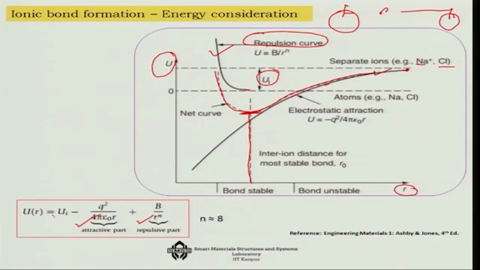For each and every combination of electropositive and electronegative atoms in an ionic bond, you can calculate the distance where the bond becomes very stable, and generally it is at the nanometer level.